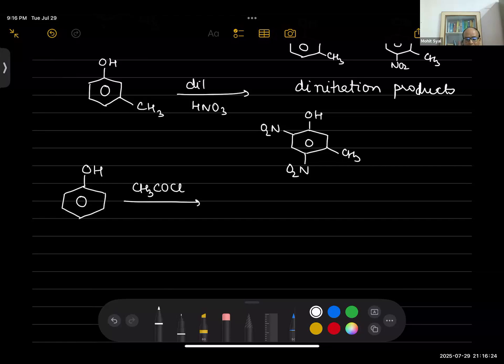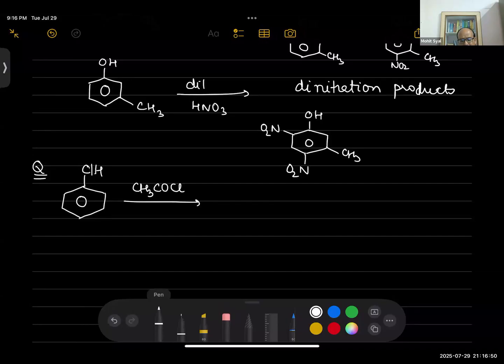Ibrahim, this reaction I already told you in the previous class. Can you try to recall what it was? Something related to the preparation of some medicine also we have discussed. Yes, it will form aspirin. This is attachment of COCH3 and removal of HCl, right?